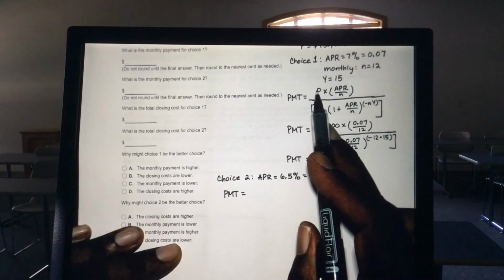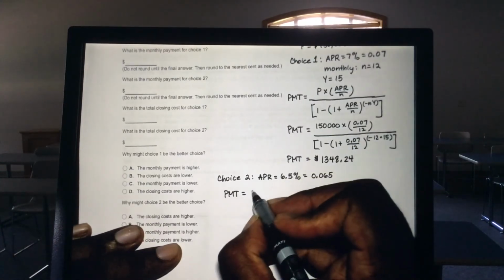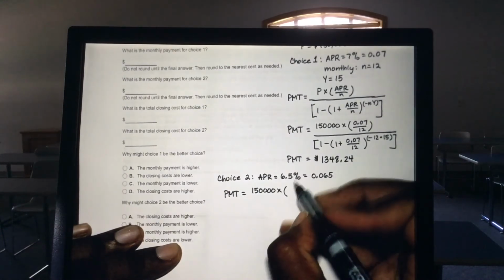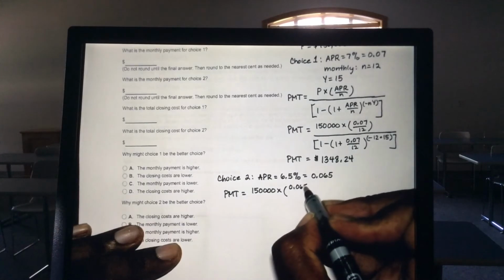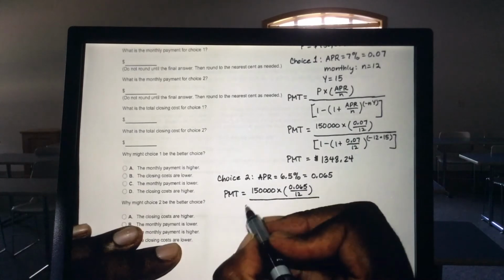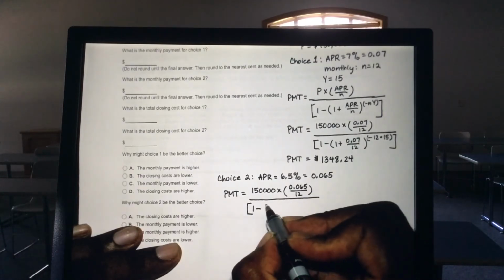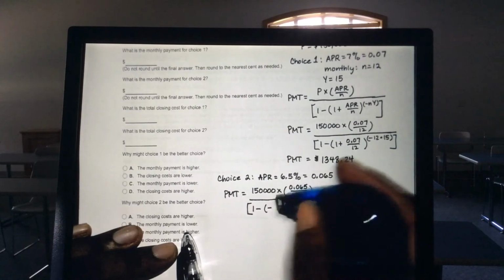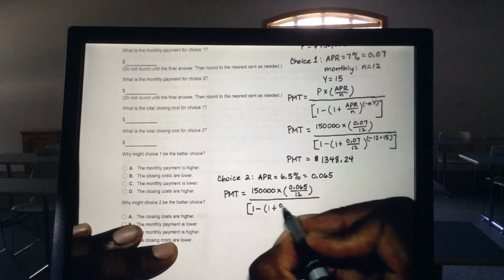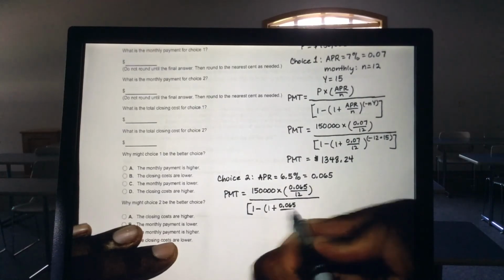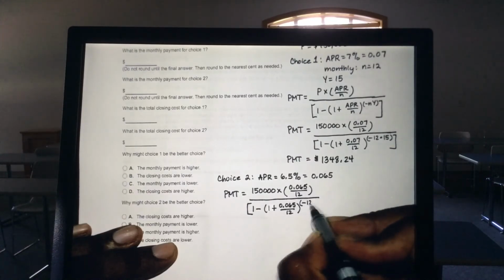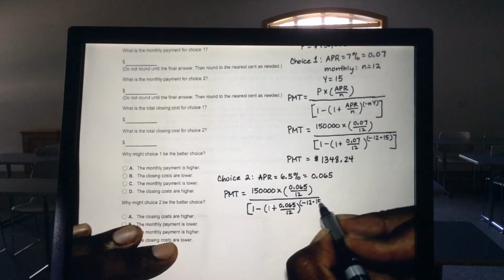In this case, that P was 150,000 times your APR, which this time is 0.065, divided by N, that's going to be 12, divided by 1 minus, in parentheses, 1 plus 0.065 divided by 12, raised to the negative N, 12 times Y, 15.